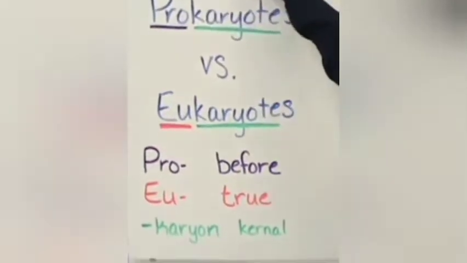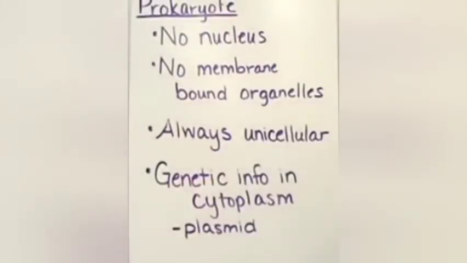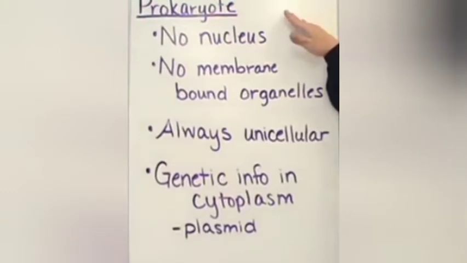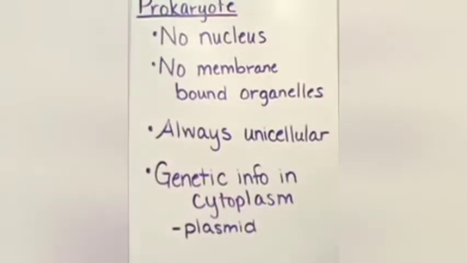So, some of our differences between prokaryotes and eukaryotes. First of all, prokaryotes have no nucleus, which is right in the name, prokaryote, before kernel. They also do not have membrane-bound organelles, which you see right here.